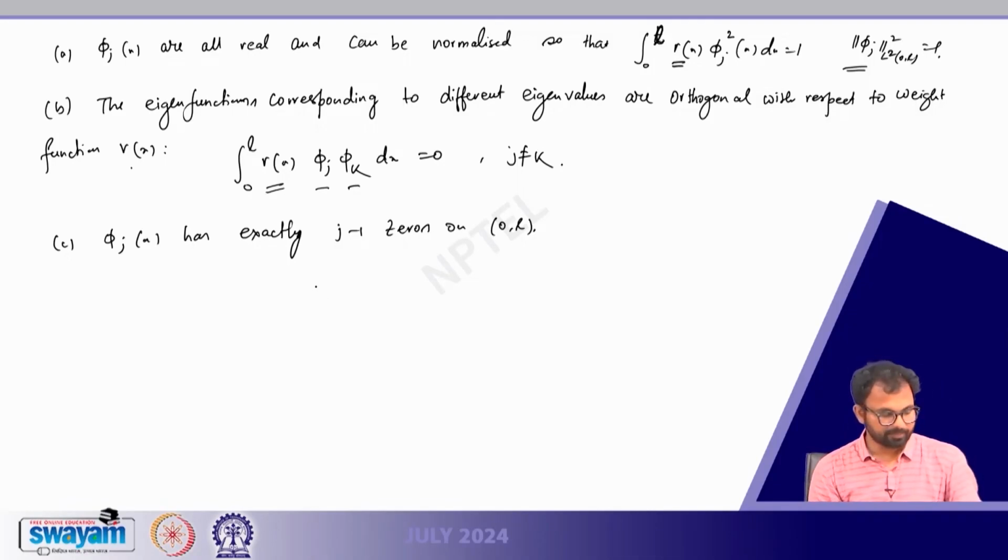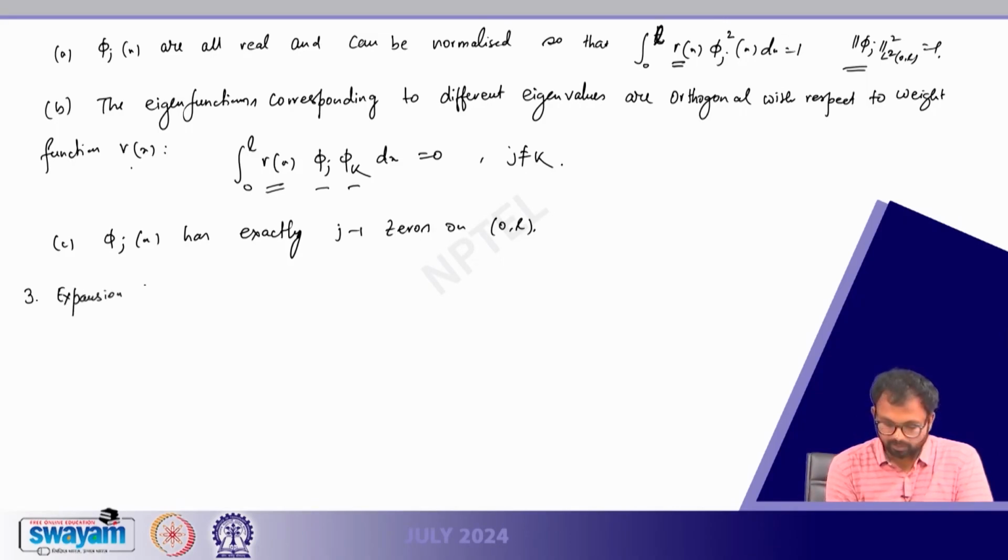All right. We can try to summarize a few more properties. Another property: we have covered eigenvalues and eigenfunctions, and the third property is the expansion property.